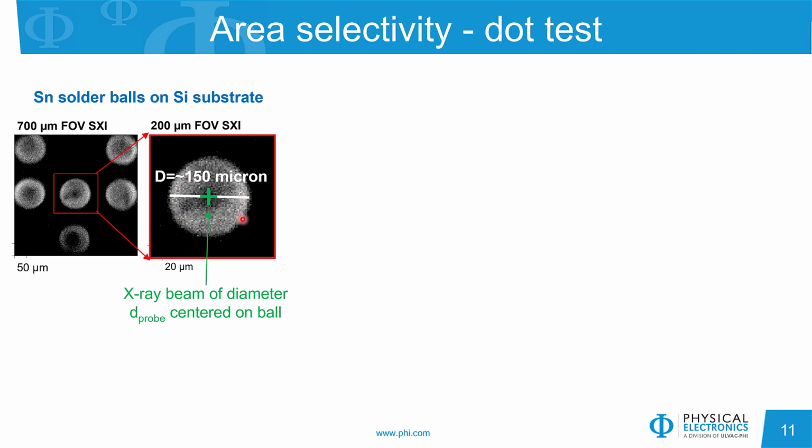So we have tin on the ball, and the outside areas are silicon. And we know from measurements and from specification that the diameter of the ball is on the order of 150 microns. So we can use different X-ray beam diameters and center it right in the center of the ball, and then collect the spectral data and see at which point we start seeing the signal from outside the solder ball.